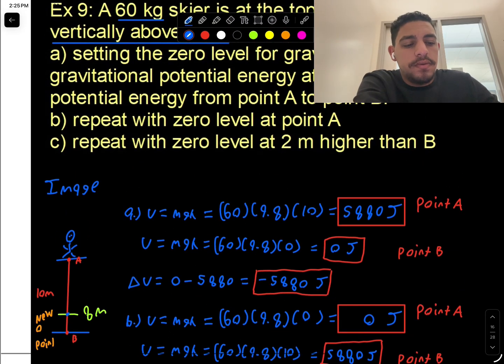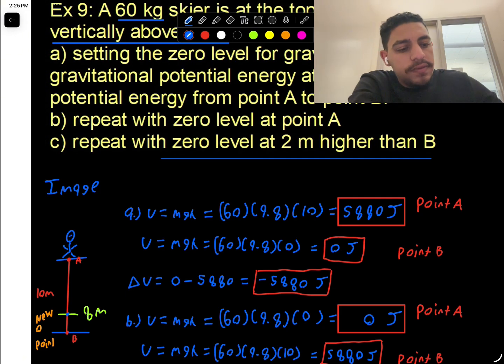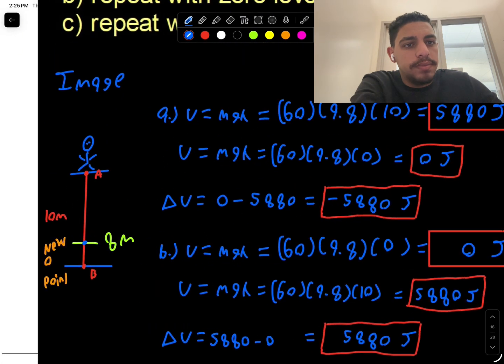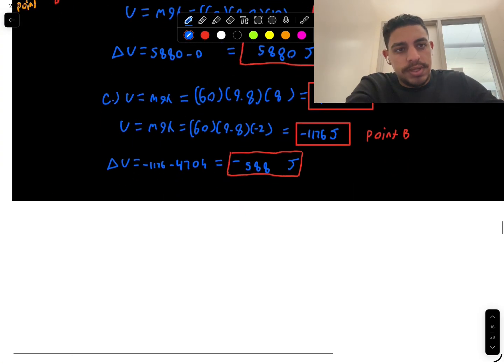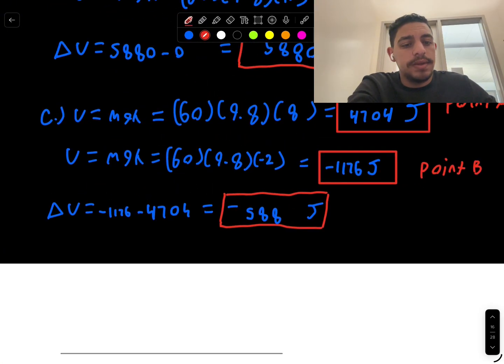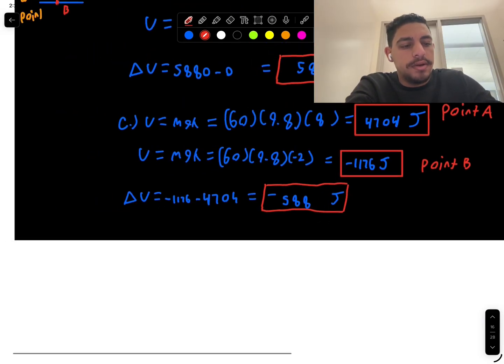And so now we have one more thing to figure out, is the 0 level is 2 meters higher than B. And so if we go back to the original, it was 10 meters, now it's at 8 meters, right? And so that changes our numbers slightly. We put 8 instead of 10, and then we get our numbers.